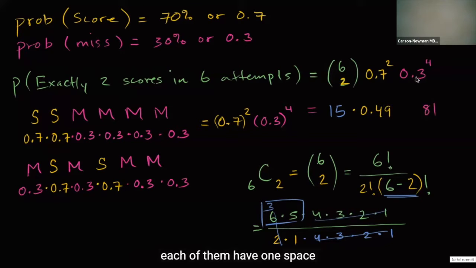Each of them has 1 space to the right of the decimal point, so I'm going to have 4 spaces to the right of the decimal. So 0.0081. So there you go.